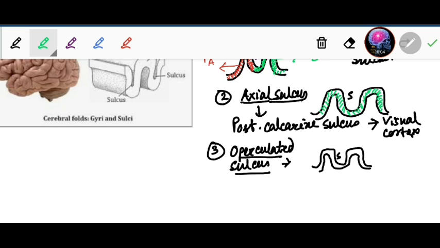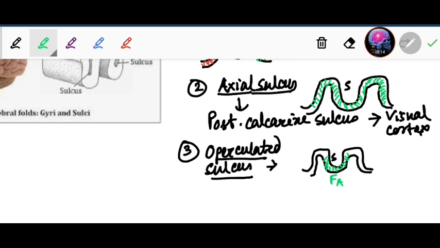For example, in this diagram, the operculated sulcus, the wall and floor contain functional area A, and its two lips contain functional area B and functional area C respectively.